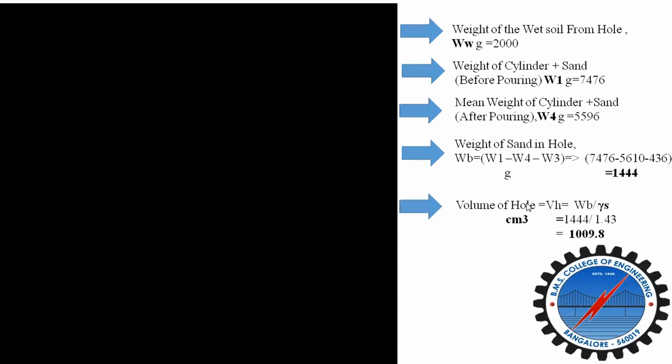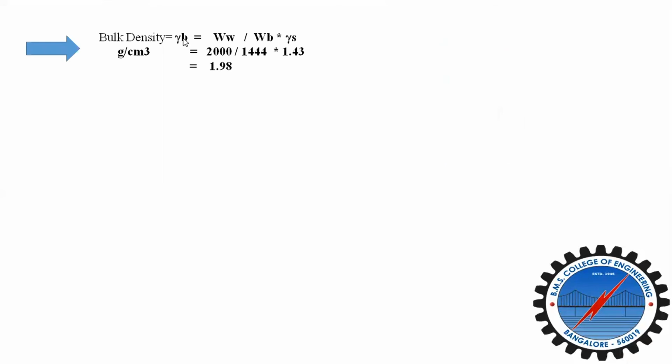And then the volume of the hole, Vh, is the weight of the sand in the hole divided by gamma s, the bulk density of sand, that gives you 1009.8.